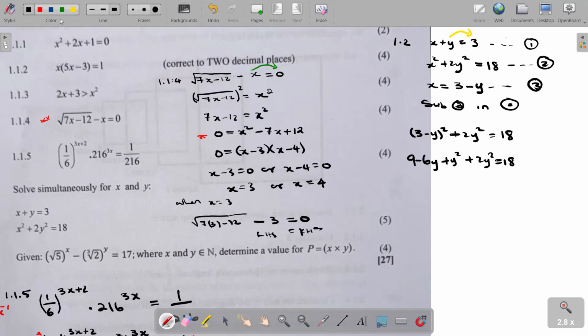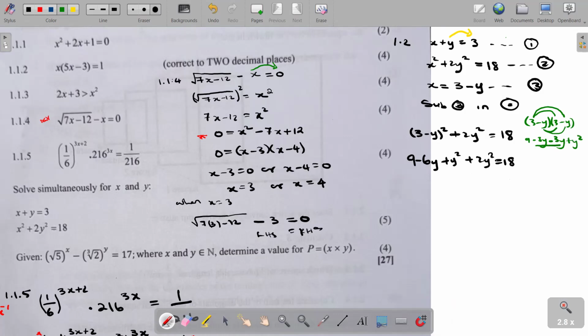It simply means that where there is (3 minus y) squared, this was 3 minus y multiplied by 3 minus y. This and this is going to give us a 9. Then this and this is going to give us a negative 3y. This and this, a negative 3y. Then here, a negative times a negative is positive y squared.